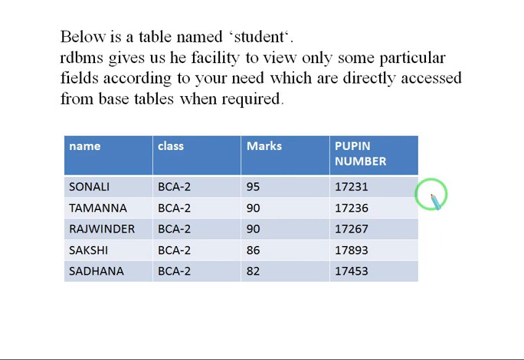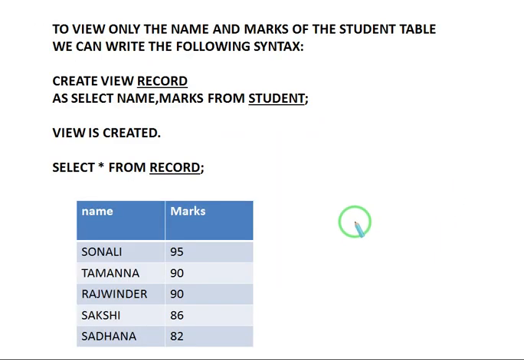So in this way, suppose I want to give only name and marks to some user, I want to give access only for the name and marks, then I create one view using this syntax, create view, and the view name as a record, and in this view select name and marks from the student table.